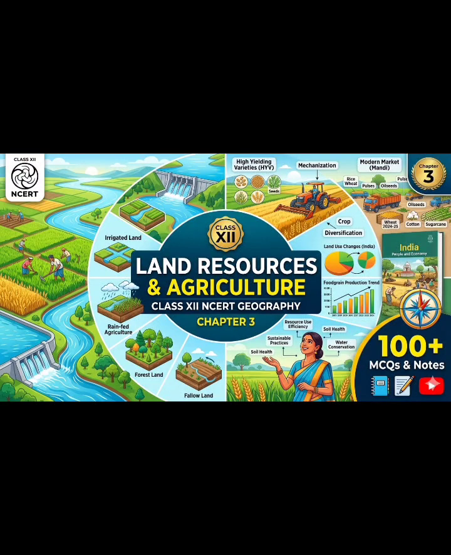Next point is lack of land reforms. Indian peasantry had been exploited for a long time as there had been unequal distribution of land. Among the three revenue systems operational during the British period, the Mahalwari, Raithwari and Zamindari, the last one was the most exploitative for the peasants. After independence, land reforms were accorded priority, but these reforms were not implemented effectively due to lack of strong political will.